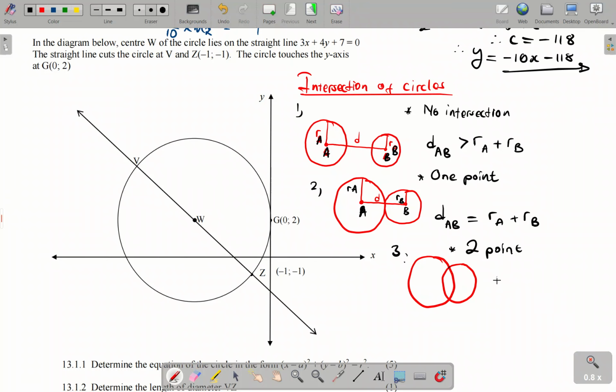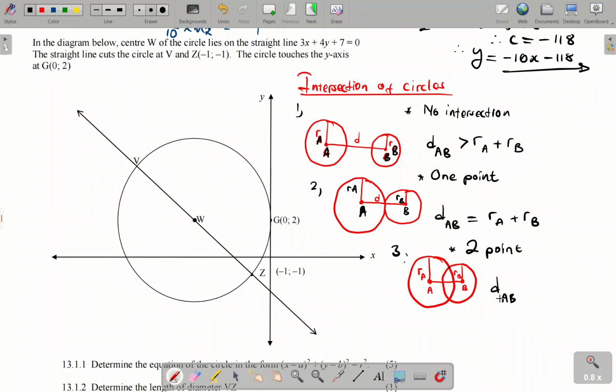So it means now the distance. Okay, let me first call this the radius RA, and this is A, and this the radius RB, and this is B, and this is the distance. So now this is the formula that we'll use when they're talking about two point intersections.